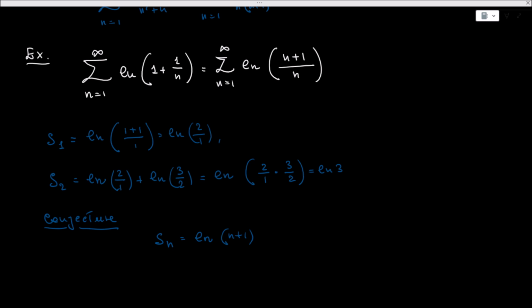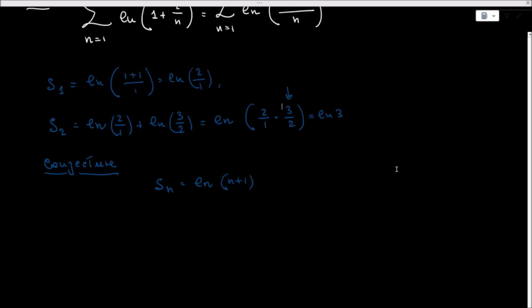Because up to n, if we use the properties of the logarithm, all the terms multiply out and they simplify, and the only thing that we are left with is the last element. In this case it is 3, and in general this will be n plus 1. Now I think this example shows clearly why we use the term telescopic for all these series.